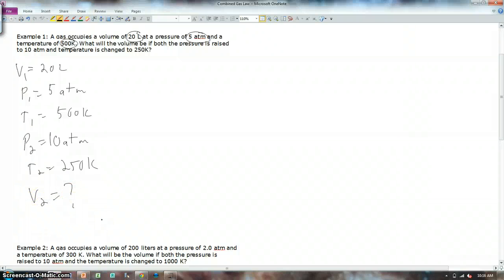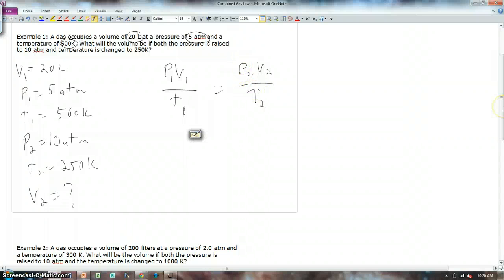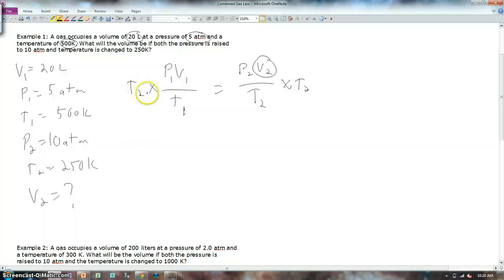Now you're just plugging these in and rearranging your equation. The equation is P1 V1 over T1 equals P2 V2 over T2. So here you have your combined gas law, and we want to isolate for V2 and solve for that. Let's start by moving T2 over. Multiply both sides by T2.